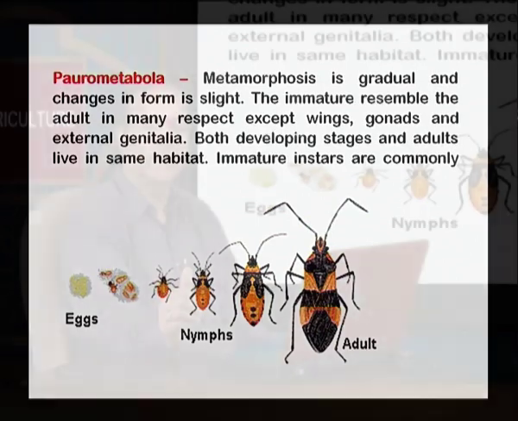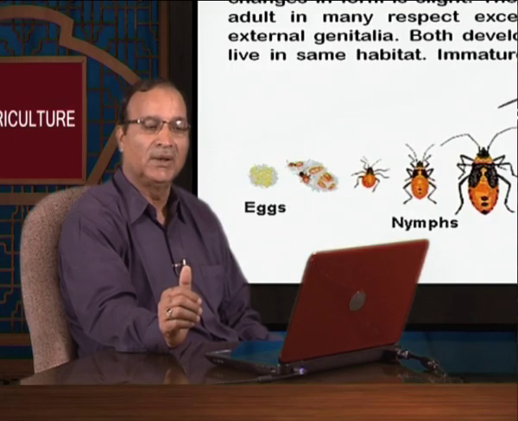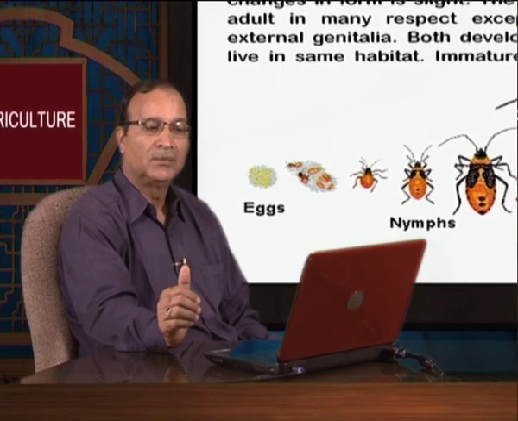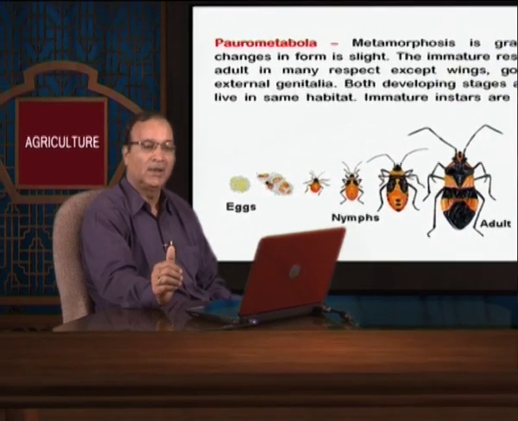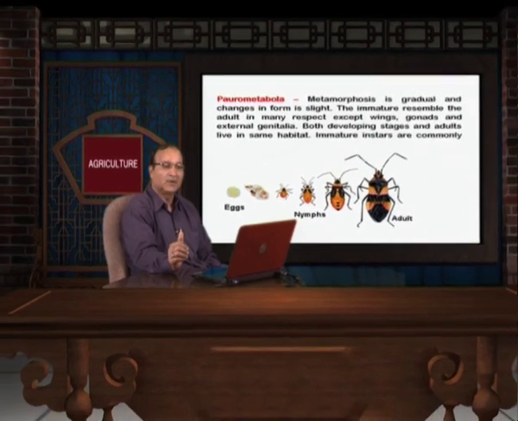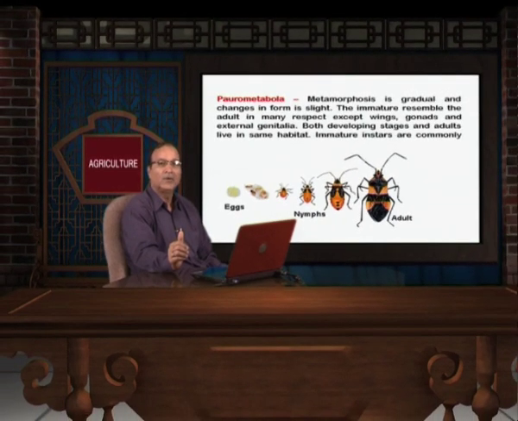The characteristic feature of such type of metamorphosis is that both the adult and the developing stages prefer to live in the same habitat, in the same environment. Immature instars are very common. This type of metamorphosis we can call porometabolous or gradual type of metamorphosis.